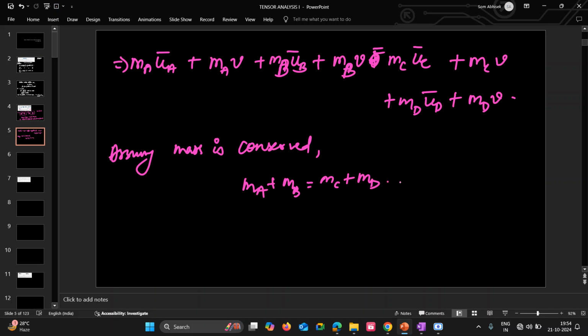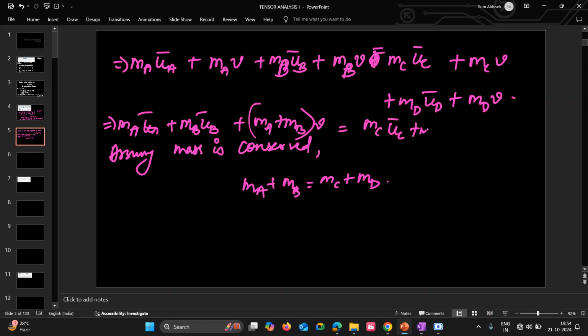So we can take common here: Ma Ua bar plus Mb Ub bar plus (Ma plus Mb) into V is equal to Mc Uc bar plus Md Ud bar plus (Mc plus Md) into V. Here Ma plus Mb is equal to Mc plus Md, so they cancel each other out.